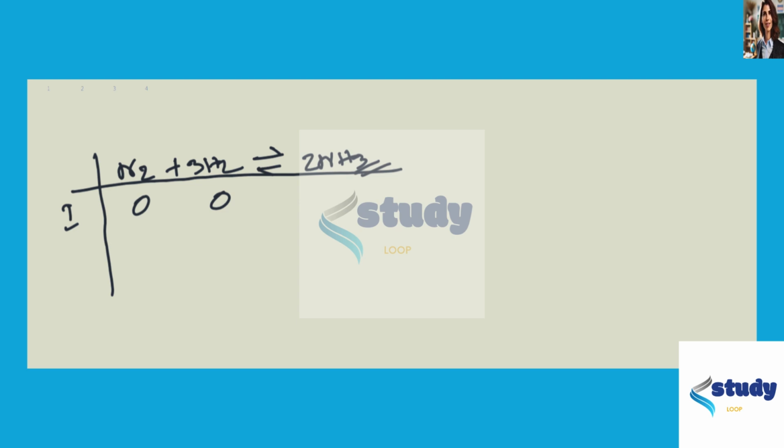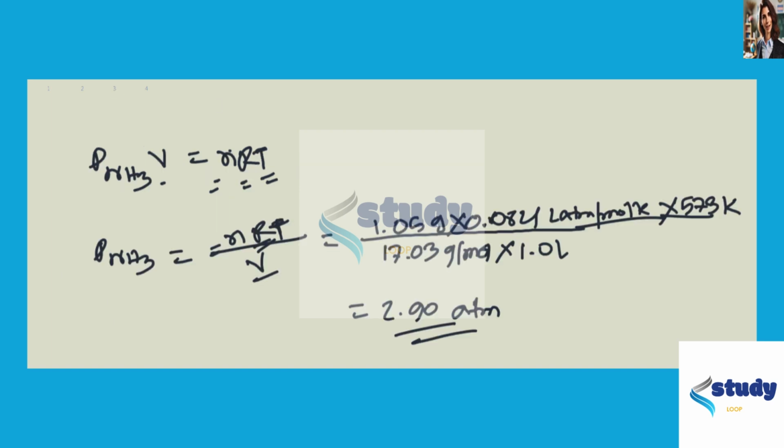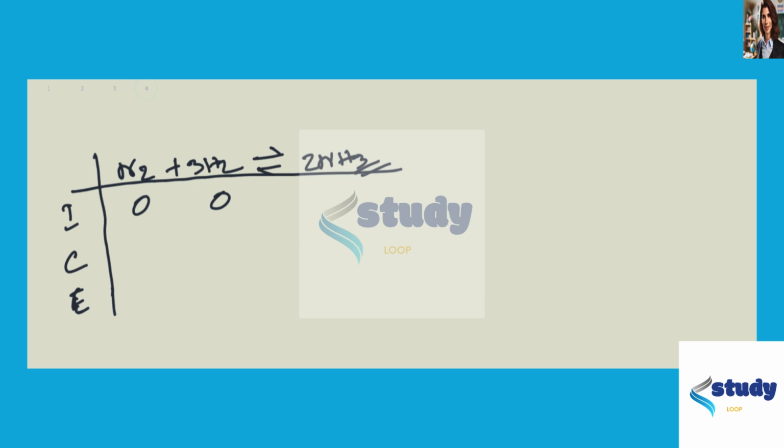We don't know the initial partial pressure of NH3, but we know the equilibrium partial pressure of NH3, which we just calculated as 2.90 atm. So we can write this value here, 2.90.